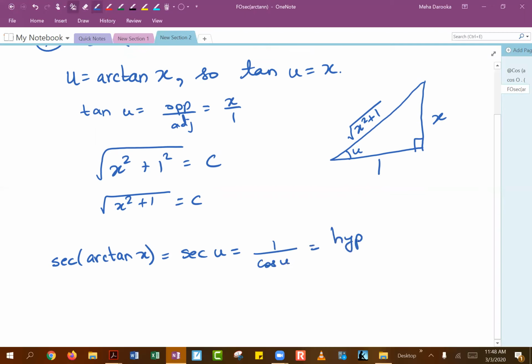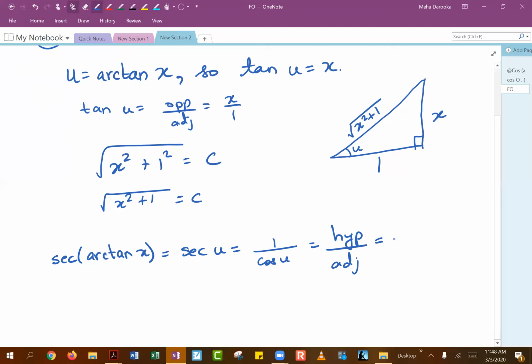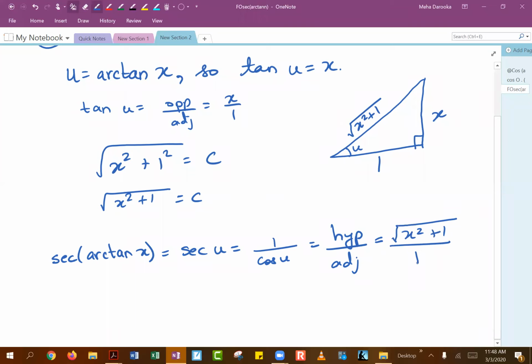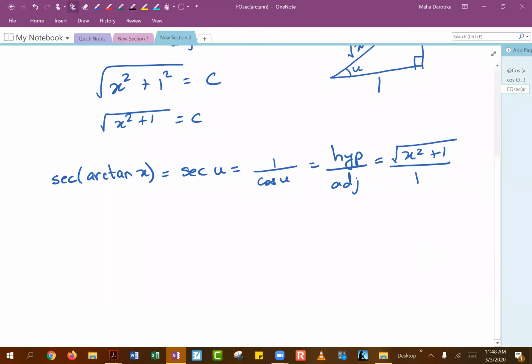So just invert the SOHCAHTOA, the CAH part, right? Adjacent over hypotenuse will become hypotenuse over adjacent. So what does that come out to be? Because your adjacent side is 1, right? So it just comes out to be square root of x squared plus 1, over 1.